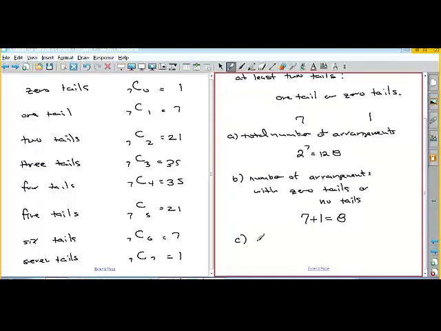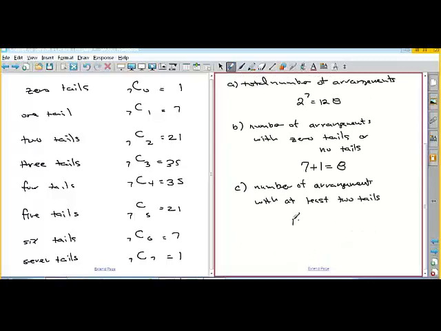Well, that's 7 plus 1, which is 8. So to answer our question, the number of arrangements with at least 2 tails is going to be the total number of arrangements minus the complement, so we get 120.